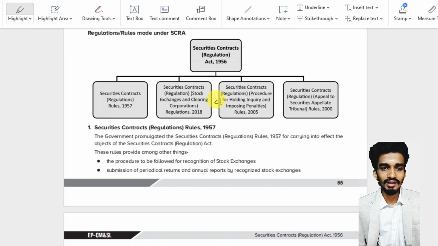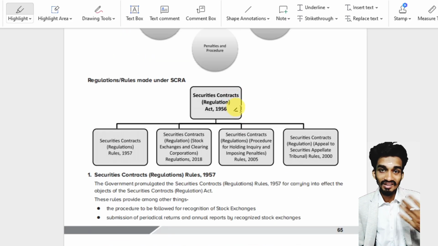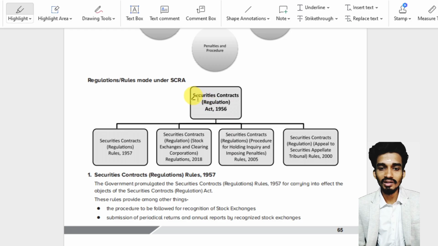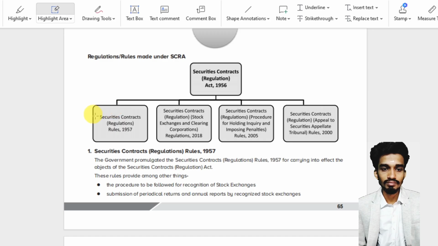Okay, and what are the things covered under the Securities Contract Regulation Act 1956? Your rules, your securities contract regulations, stock exchanges and clearing corporation regulations, holding inquiry rules, appeal.